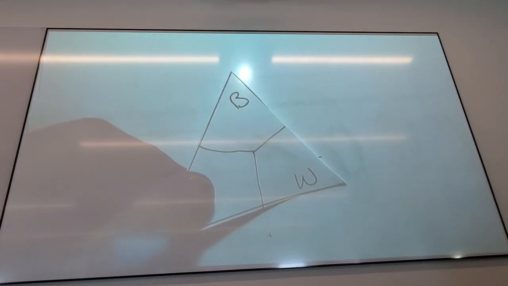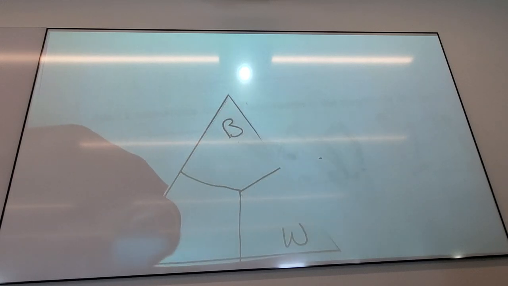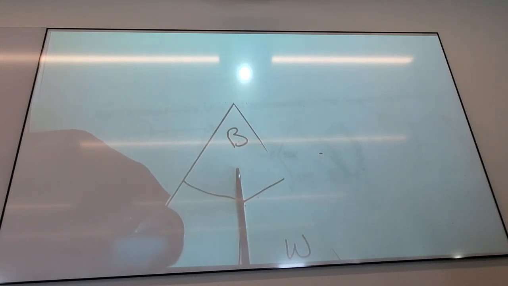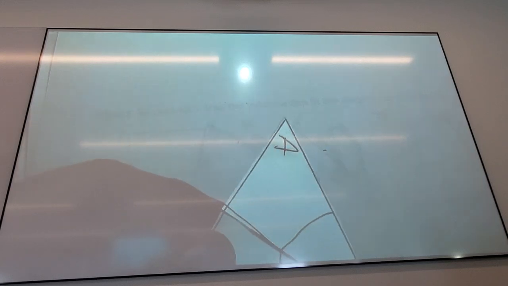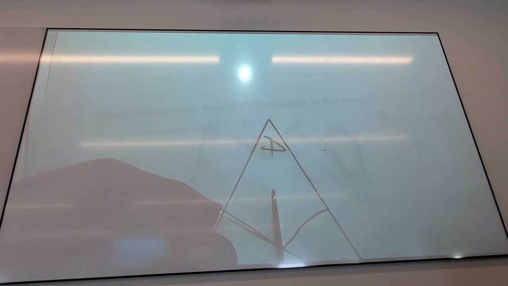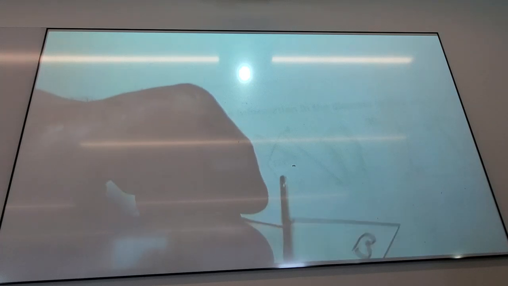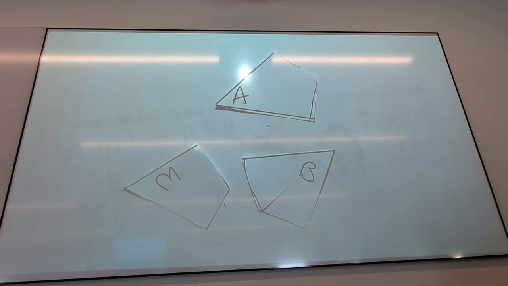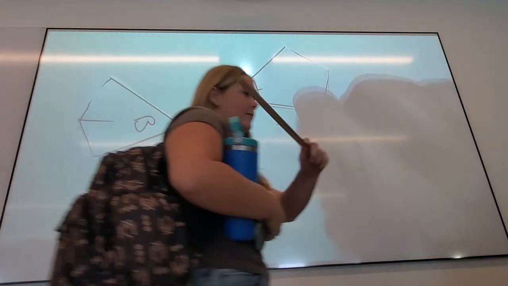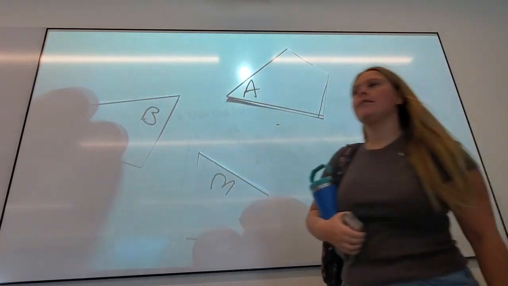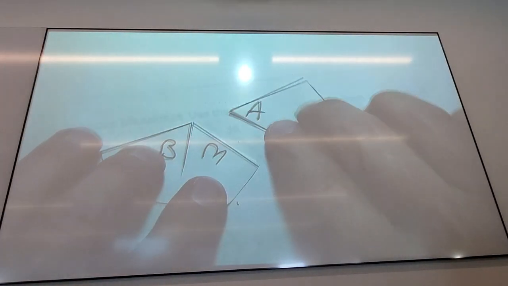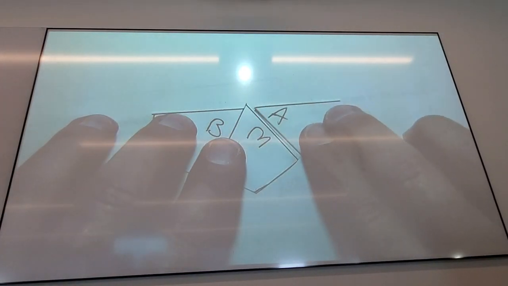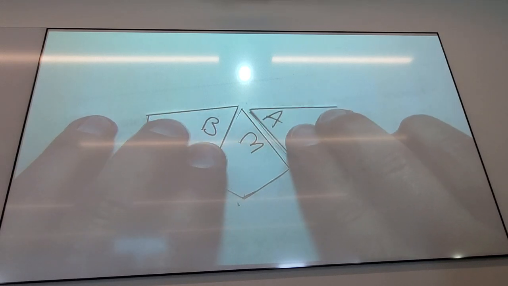So basically we're chopping the angles out. So I've chopped my poor little triangle up.